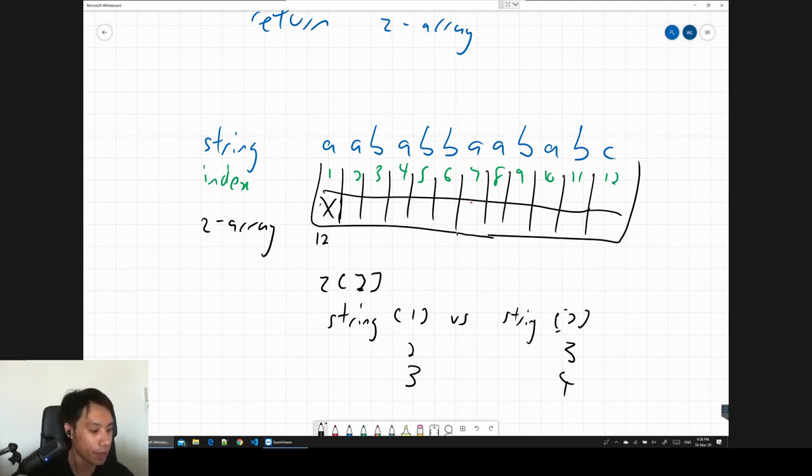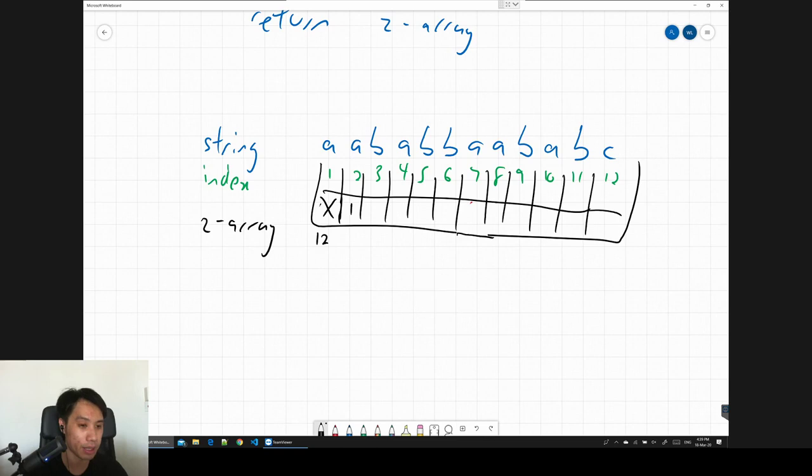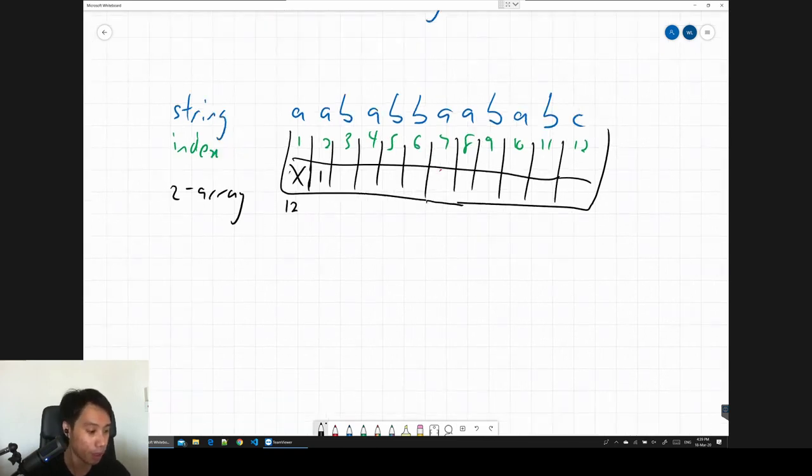So here, in the first step, I compare A and A. Both are a match, so I'm going to put a 1. Then I increment my pointer, now comparing the second level, A and B. Is it the same? It is not the same. So my number is going to stop at 1. As a friendly reminder, I'm just filling up the Z array. I'm not using the Z algorithm yet. That's why there's no Z box.